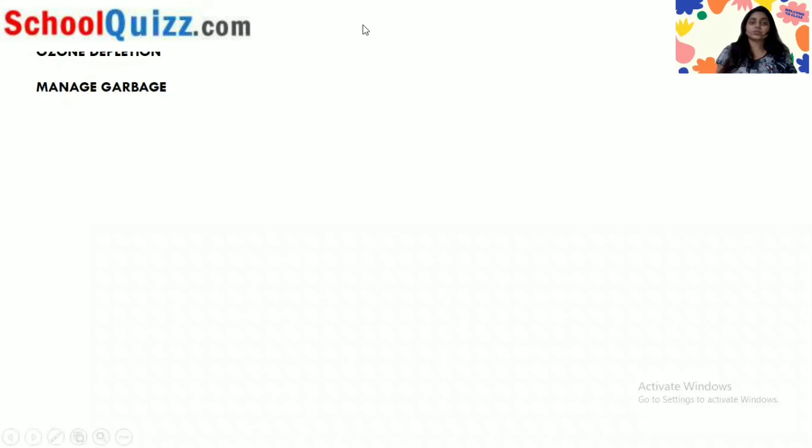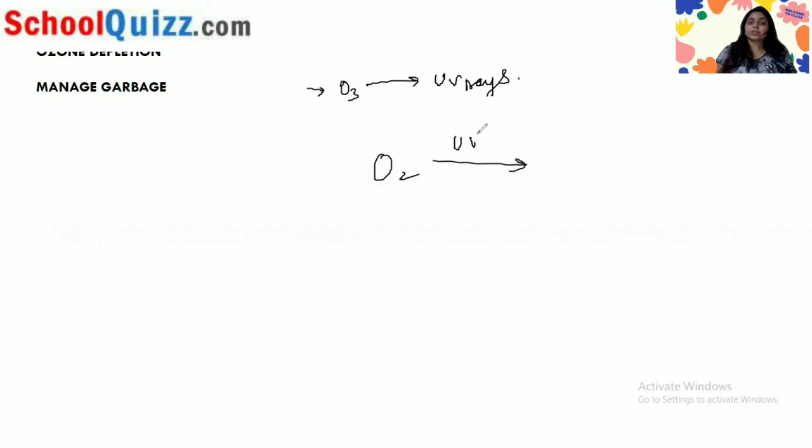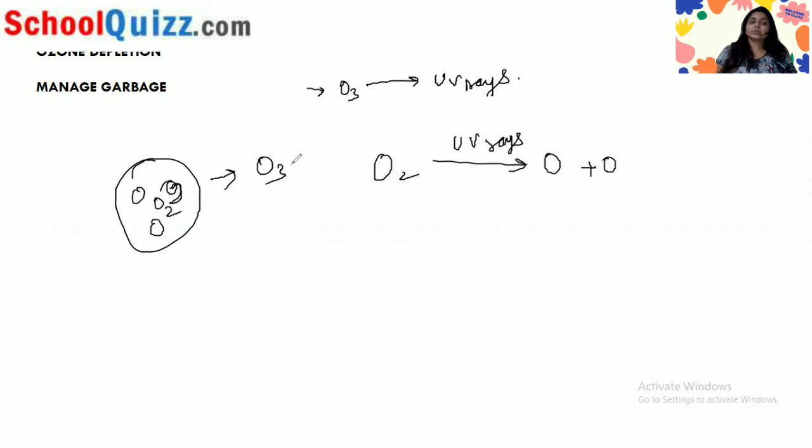Now we will see ozone depletion and managed garbage. What is ozone? The ozone formula is O3, and it is a product of UV rays. How does ozone form? There is oxygen in the atmosphere, and UV rays react with it and break it into free atoms. These free atoms combine with oxygen and form ozone.